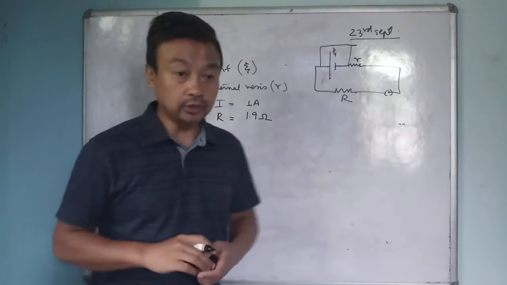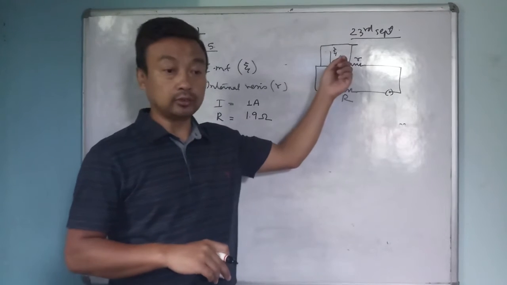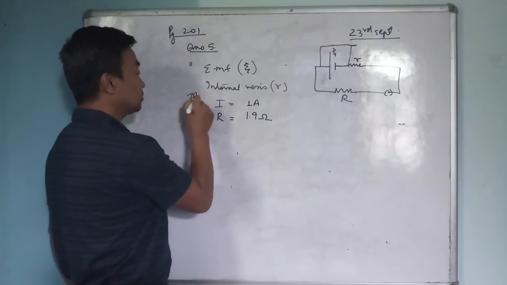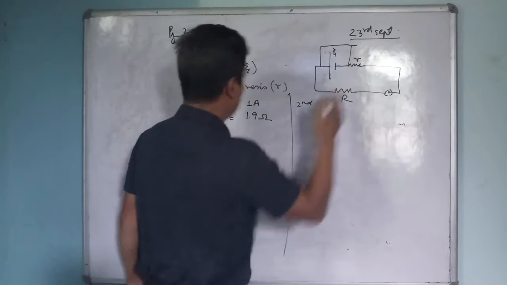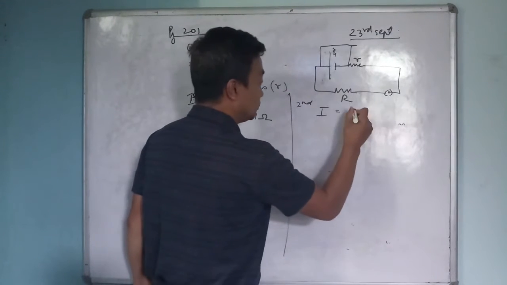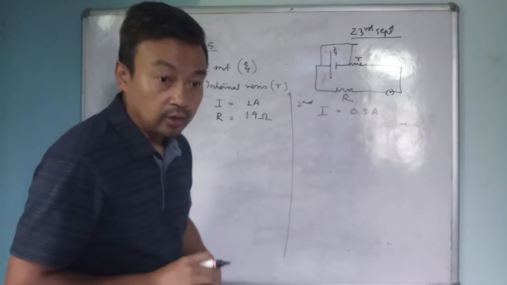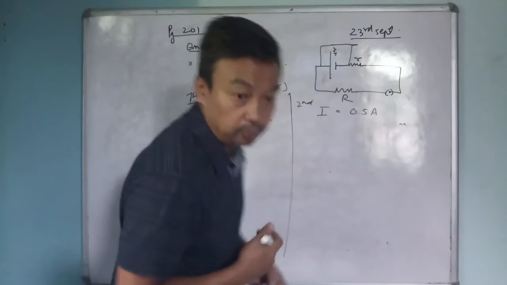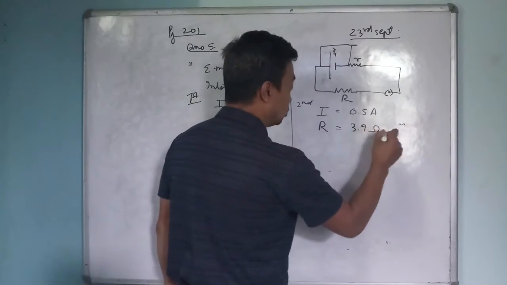In the second case, the same cell is sending a current of 0.5 ampere and the external resistance is 3.9 ohm.